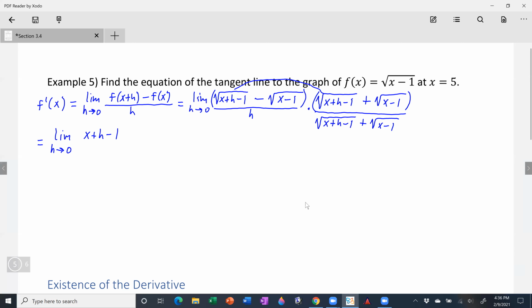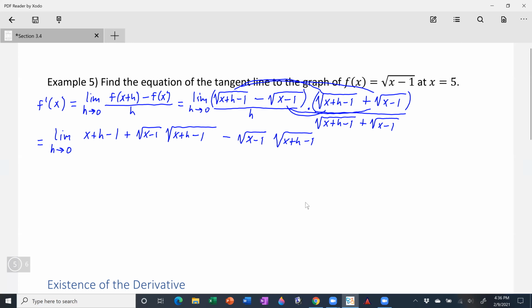The outer part is plus radical of x minus 1 times the other radical of x plus h minus 1. And for the inner ones, we get that same nasty thing, but it's all minus: minus root x minus 1 and root x plus h minus 1. Those are nasty looking, but they cancel.